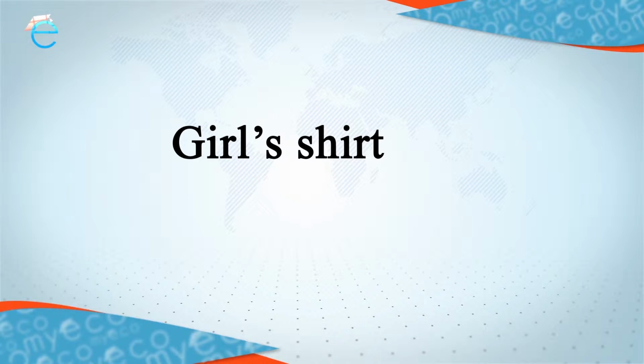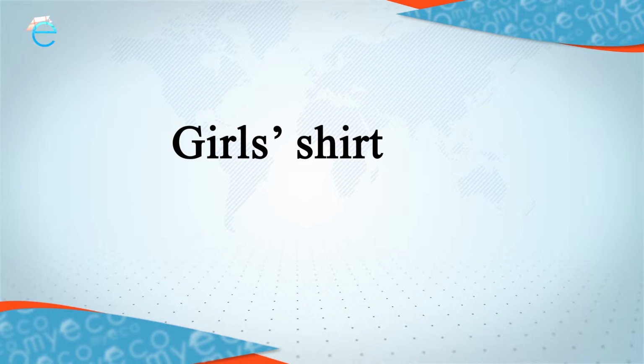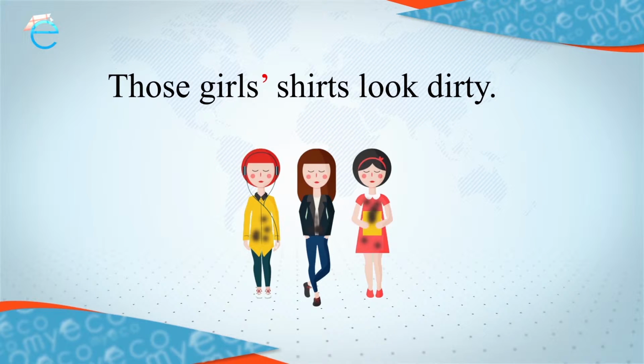Girl's shirt. That girl's shirt looks dirty. Or those girls, and that's plural, so girls already has an S in it. Then we put the apostrophe after the S. Girls. Those girls' shirts look dirty.